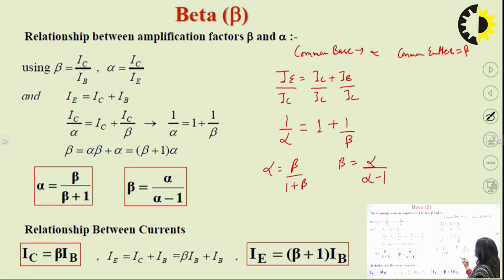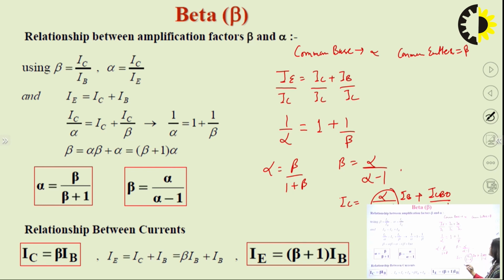And also in previous slides we have obtained the value of IC in the case of the common emitter transistor. That value was alpha upon 1 minus alpha times IB plus ICBO upon 1 minus alpha. This equation we derived in the previous slides.